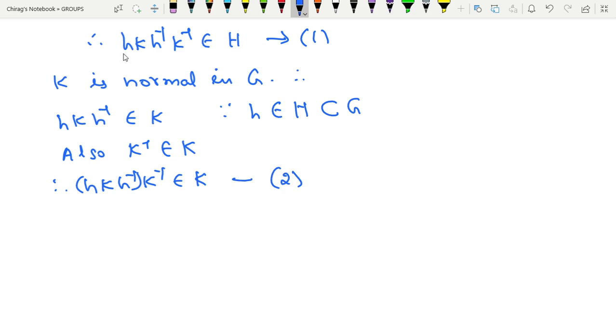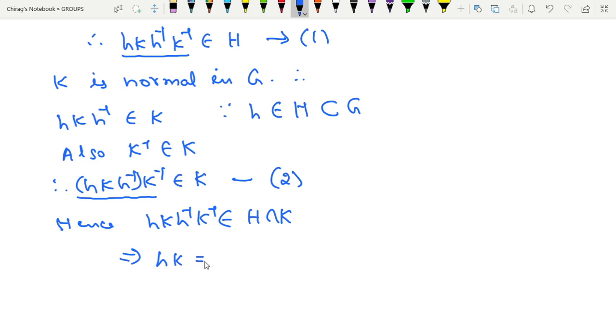Now we showed that h k h inverse k inverse belongs to H, and here also h k h inverse k inverse belongs to K. Hence, h k h inverse k inverse belongs to H intersection K. This implies hk is equal to kh.